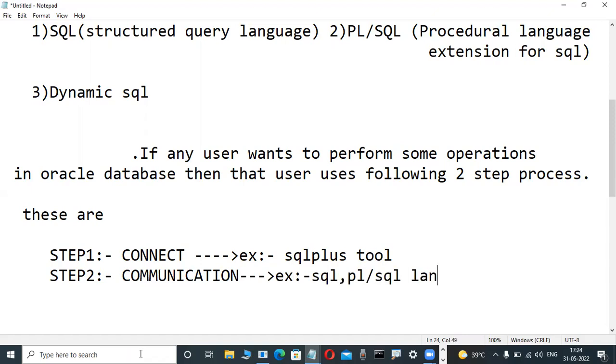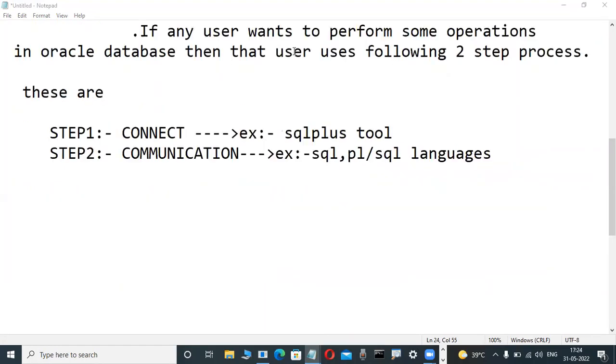Communication means some languages. Okay, slowly observe. Communication. Example: SQL, PL/SQL languages.